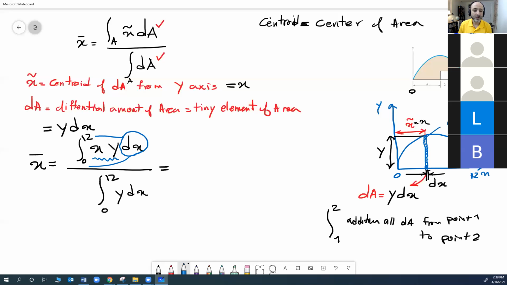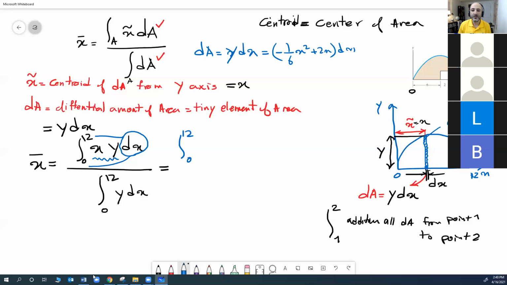So how can I change this y and have everything based on x? My dA is y dx. You're given that y is equal to negative 1/6 x squared plus 2x. Exactly, y is given. So it's negative 1/6 x squared plus 2x, dx. That's it. So let's substitute it.